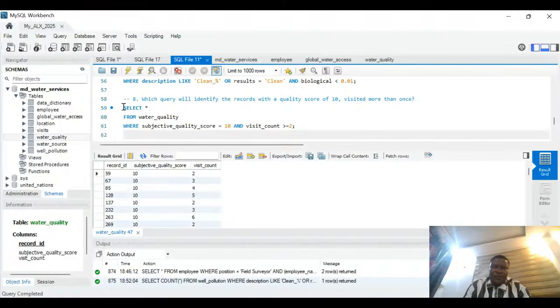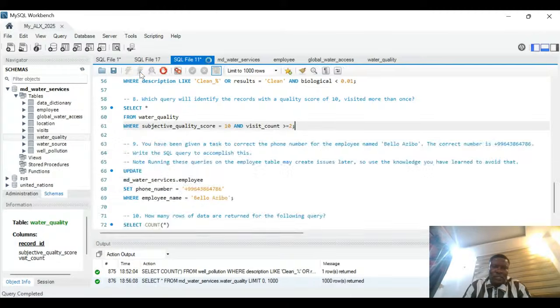So this is our query. We select all from the water quality table where subjective score is equal to 10 and visit count is greater than or equal to 2. You can also say greater than 1. Greater than 1 and greater than or equal to 2 are the same, so both situations give you the same answer.